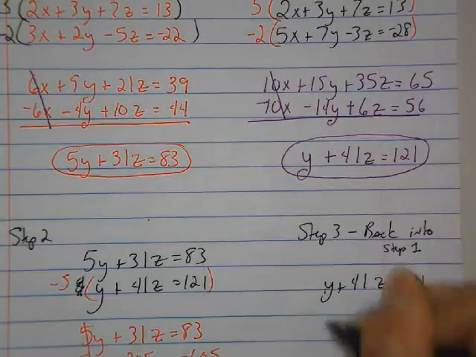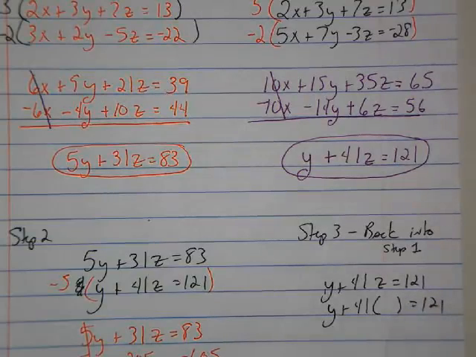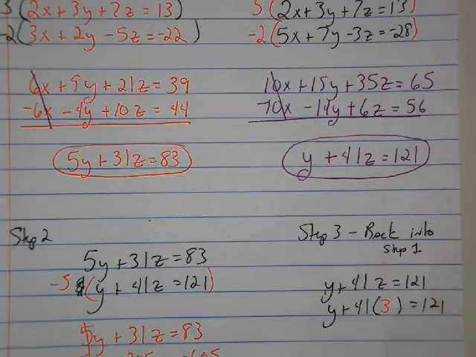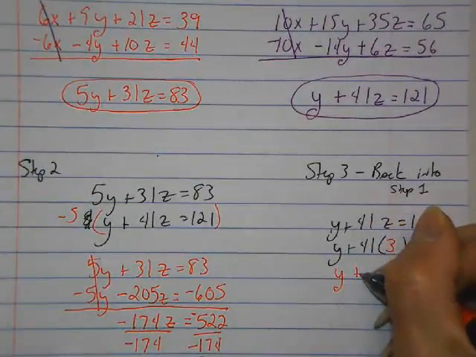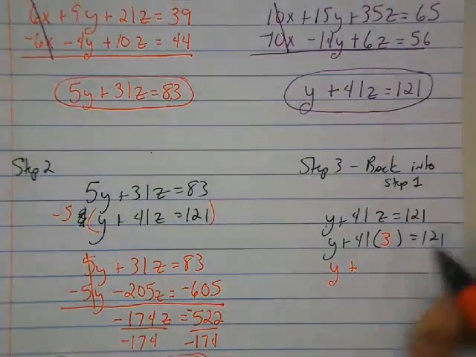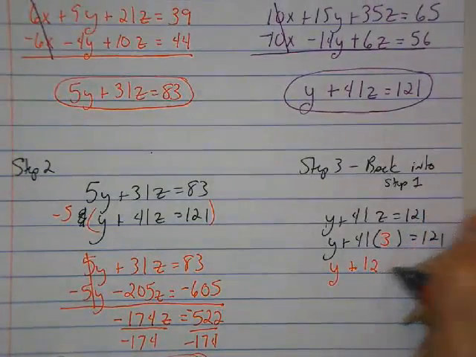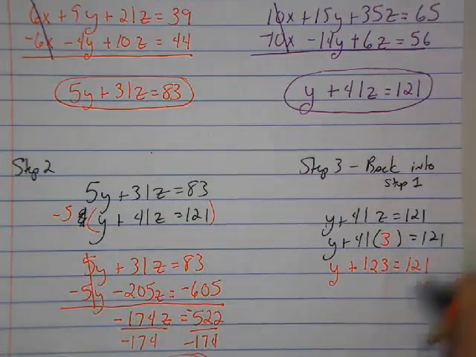And you just found out that z was 3. So now I get y plus 123 equals 121. So y is equal to negative 2. Alright, I've got a second variable.